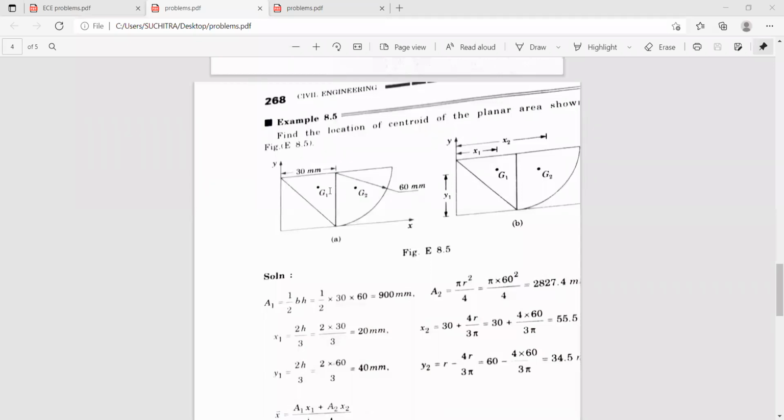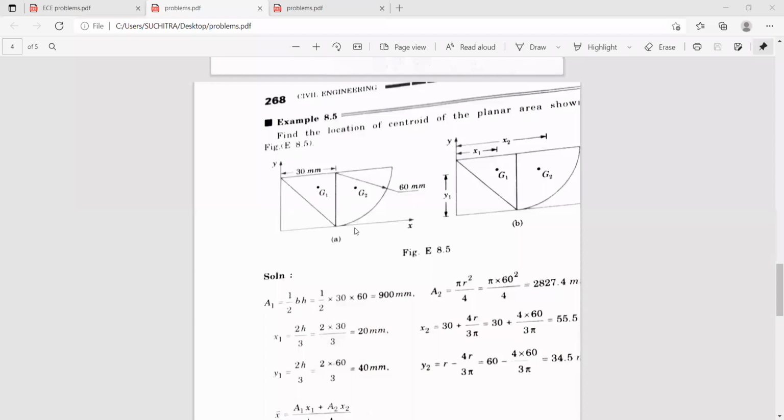So now these are the corresponding centroids of the individual figures, G1 and G2. So we know that the centroid of a triangle measured with respect to base is h by 3 and with respect to apex it is 2h by 3. Similarly, along the base, the centroid of the triangle is b by 3 and from the apex it is 2b by 3.